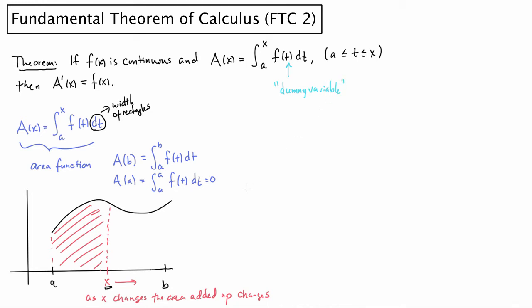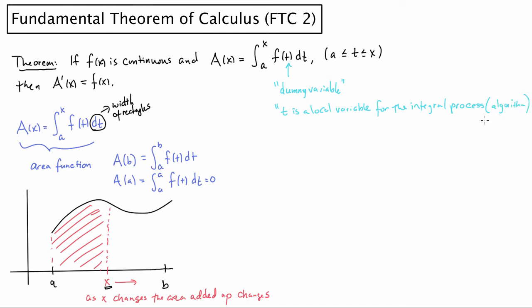Or probably a better term for those of you that are computer science folks is that t is a local variable for the integral process, or you can think of it as the integral algorithm.